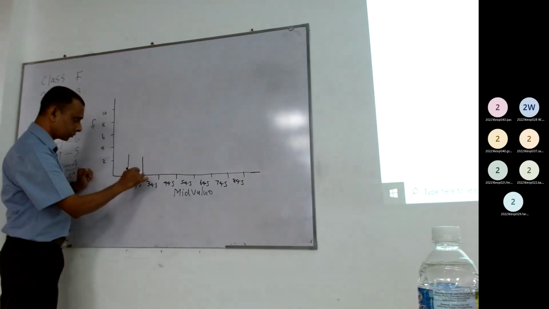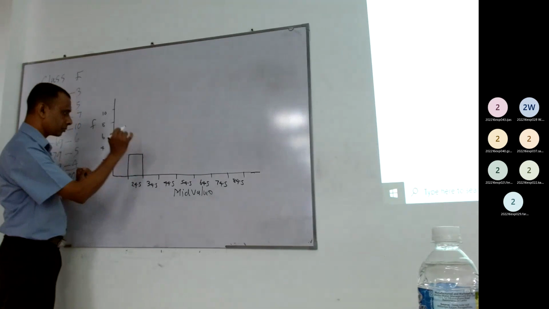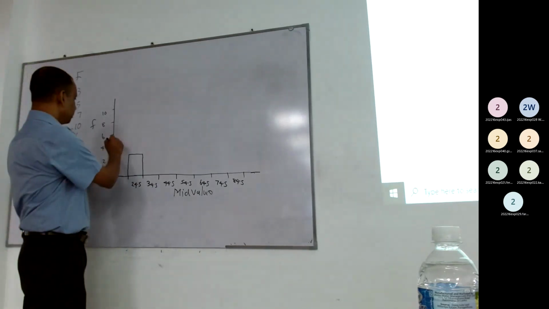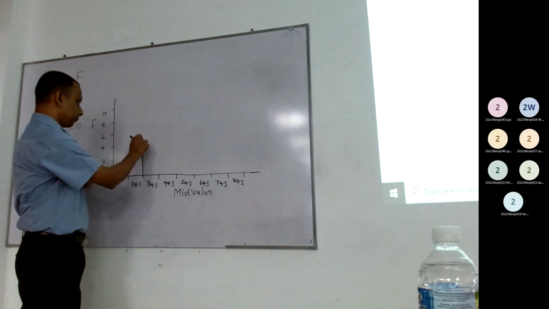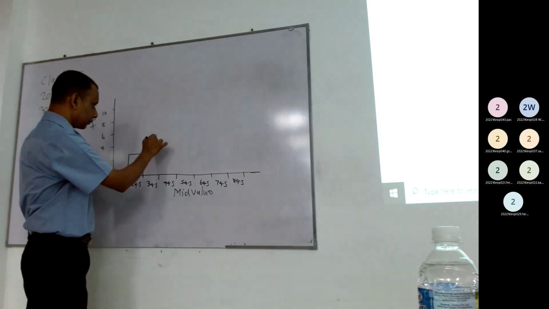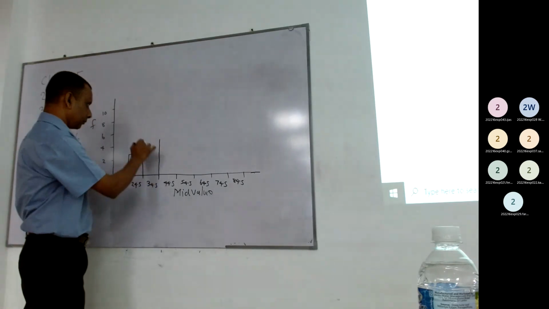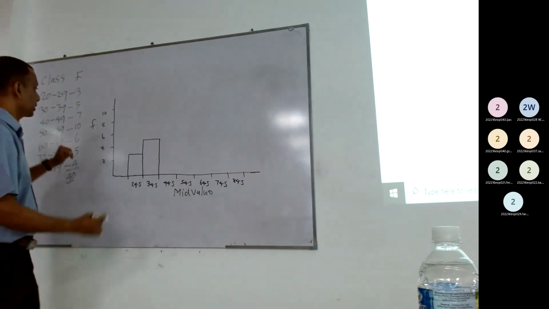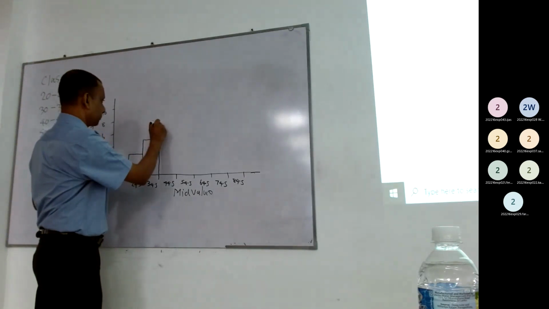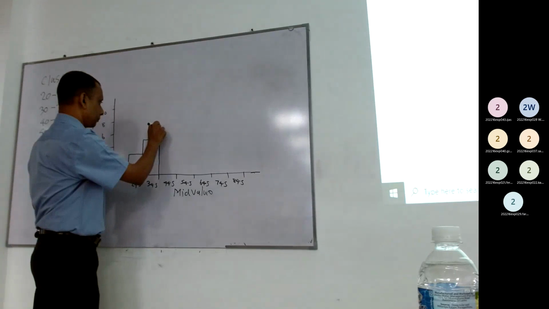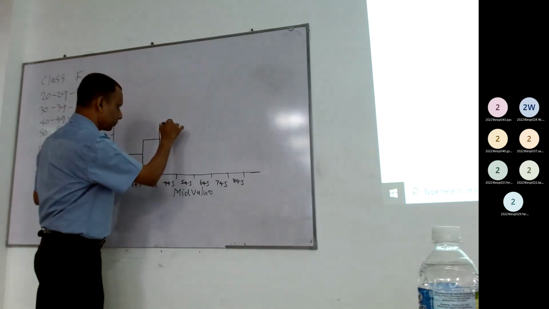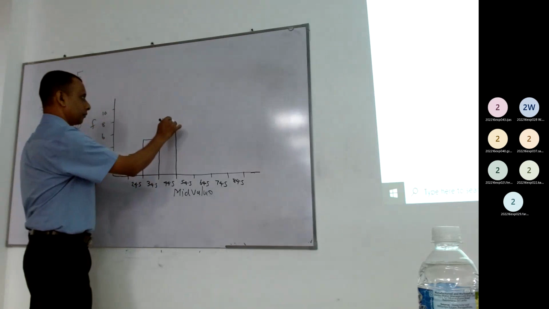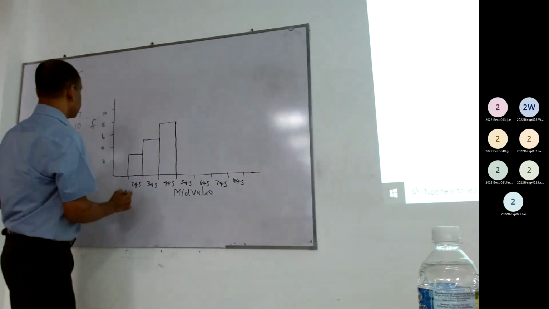Rectangle you can construct. Next one, 30-39, 5, approximately here. Then 40-49, 7. 50-59, 10.